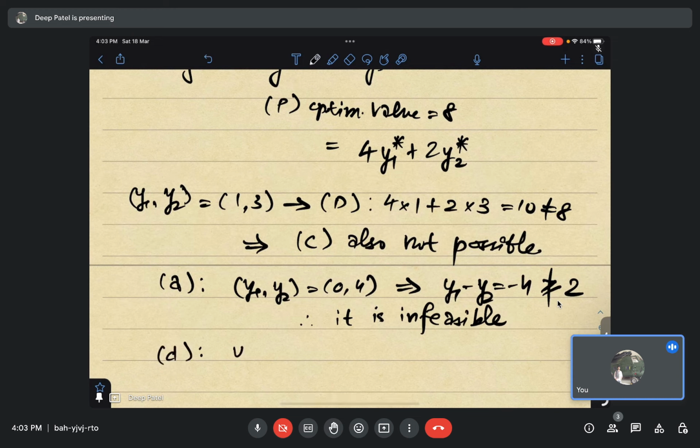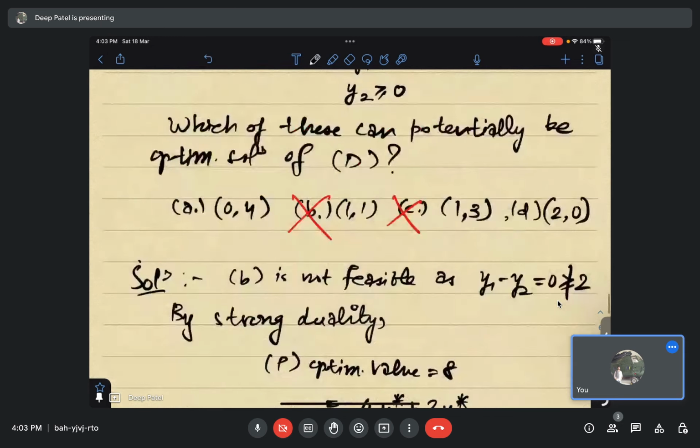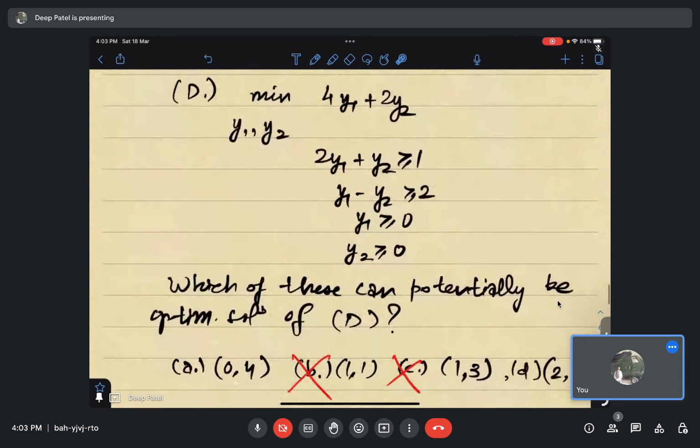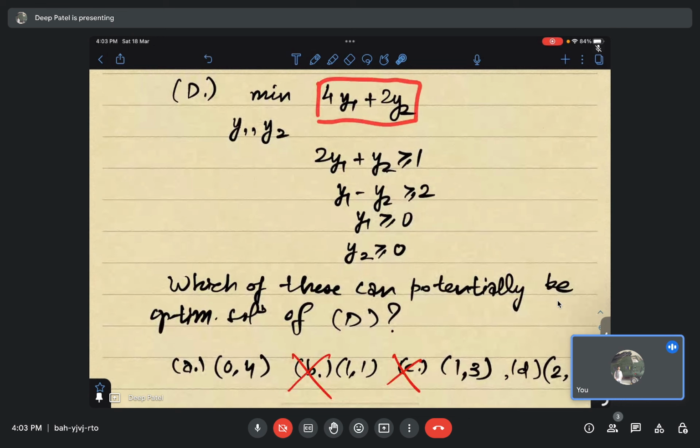D is y1, y2 equals 2, 0. Let's quickly check that. When we put 2 comma 0 in, 2 times 2 is 4 plus 0 is greater than 1, that's true. 2 minus 0 is greater than or equal to 2, that's fine.